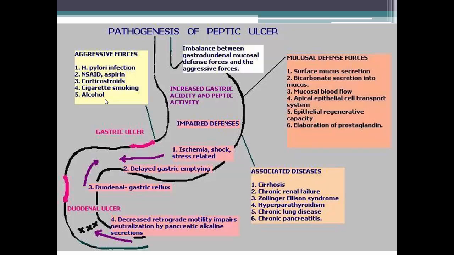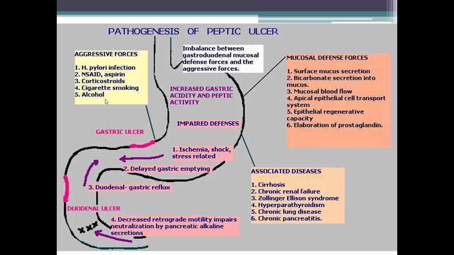mucosa and erosion. Other associated diseases could be cirrhosis of the liver, chronic renal failure, Zollinger-Ellison syndrome, which is a gastrin-secreting tumor. Basically, it's pancreatic and increases hydrochloric acid released at the level of the stomach. Hyperparathyroidism because of increase of calcium, COPD or pancreatitis.